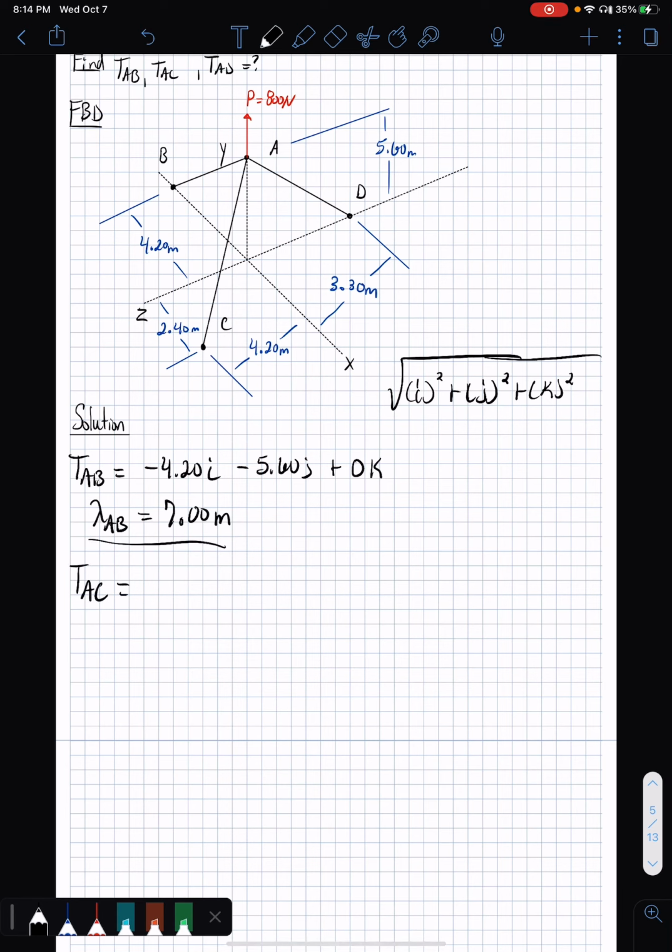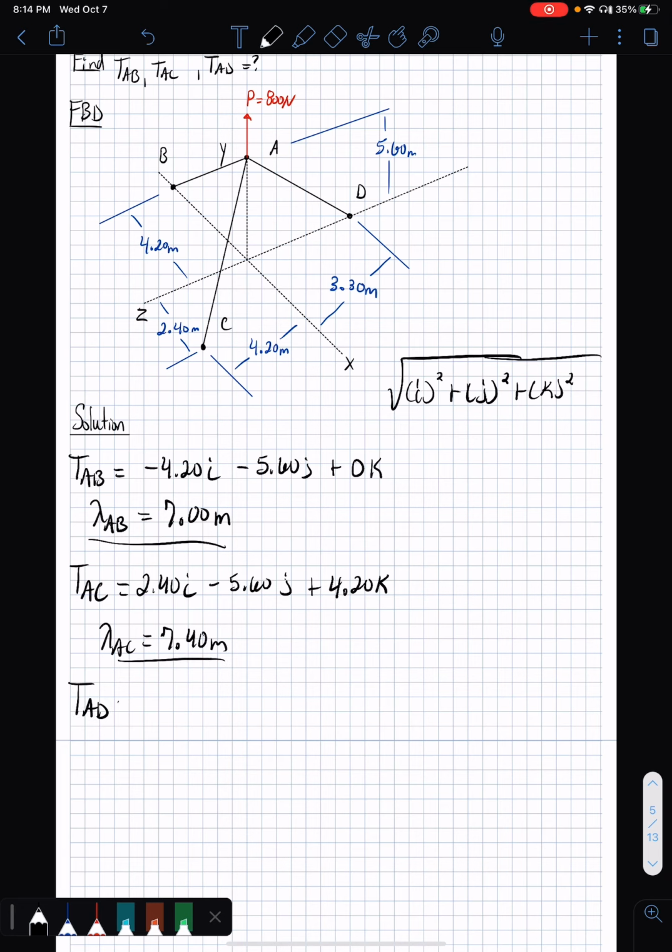Tension AC, we're going to have a positive 2.40 in the I, minus 5.60 in the J. This one's going to have a K value of 4.20 K. Lambda AC will come out to 7.40 meters.